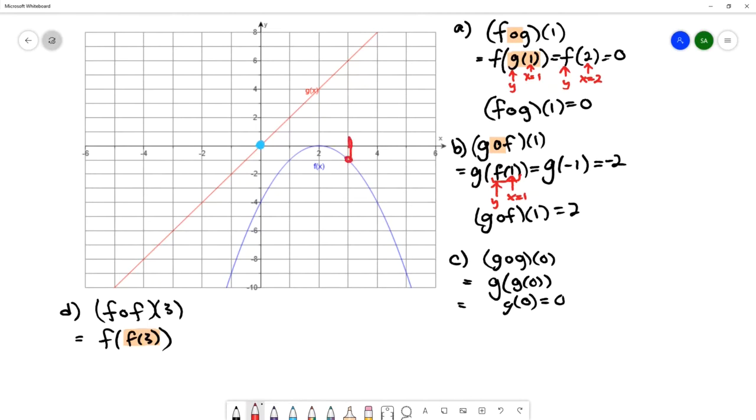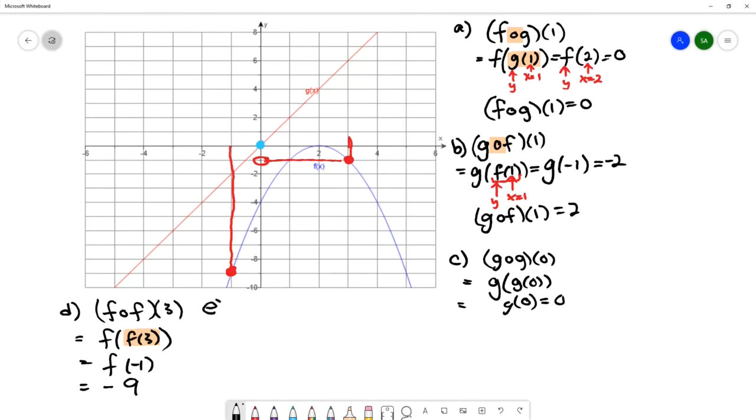I'm looking for where that is on the graph of f, and the y value there is -1. So f of 3 is -1. Then I need to find f of -1. Here's an x of -1. I'm going to find where that x of -1 is on the graph of f, and that is at -9. So f composed with f of 3 is -9.